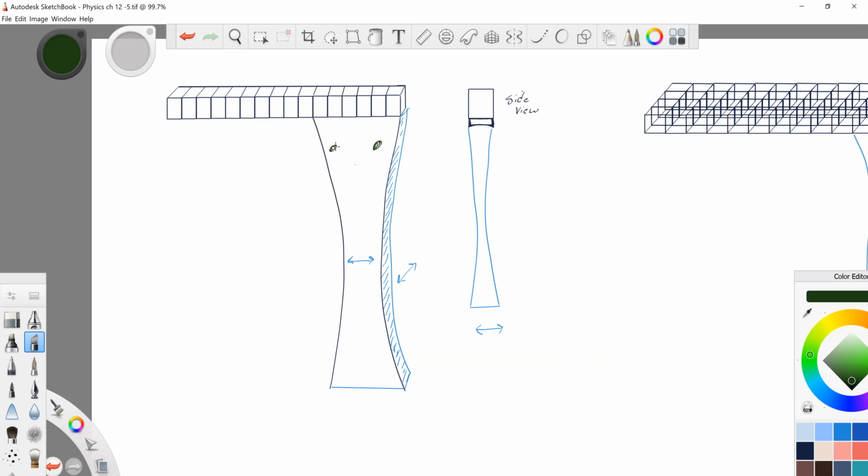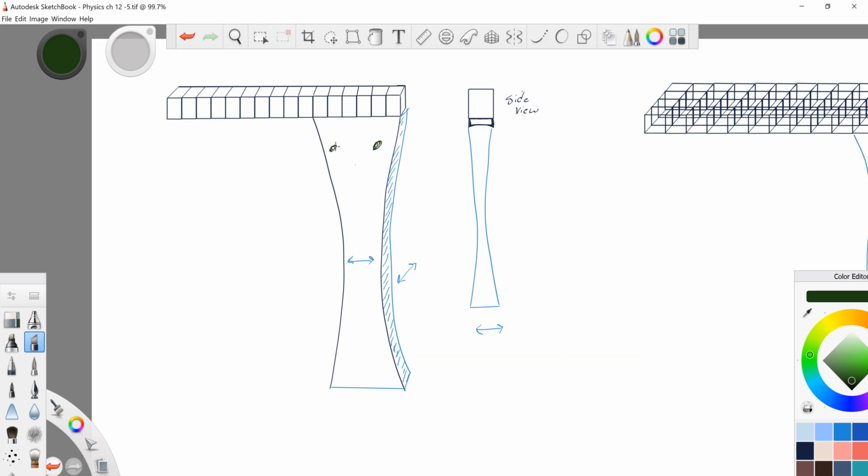Now, we also mentioned a disc-shaped transducer. I'm going to move this. There you go, up there.